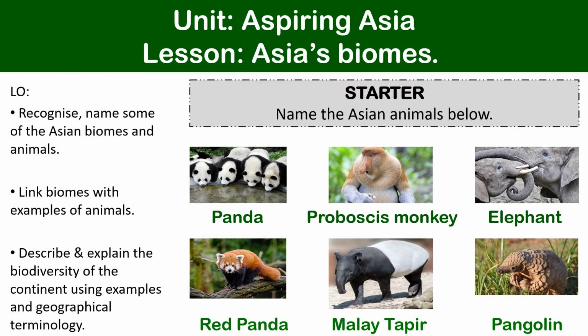And this interesting looking animal is actually very sadly the most trafficked animal in the whole world. It is an animal of scales, and unfortunately these scales are considered very valuable in places like China.